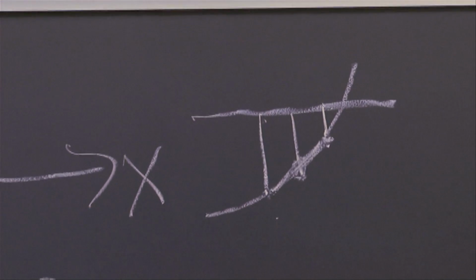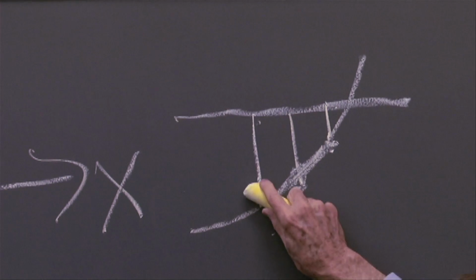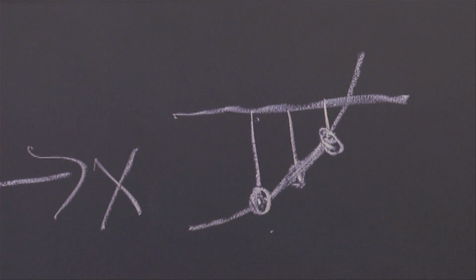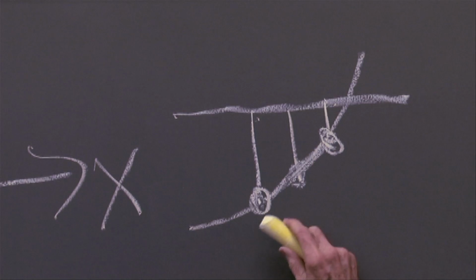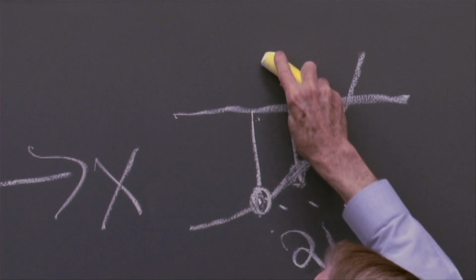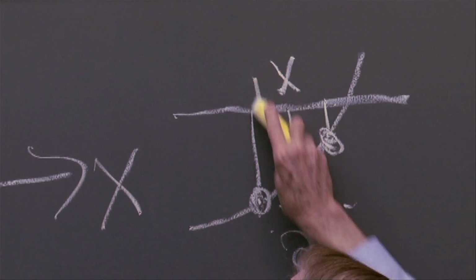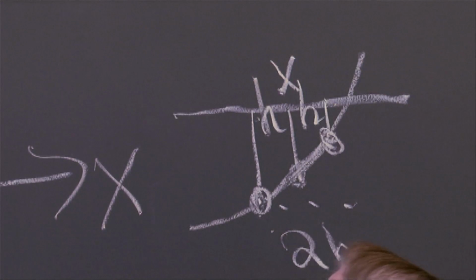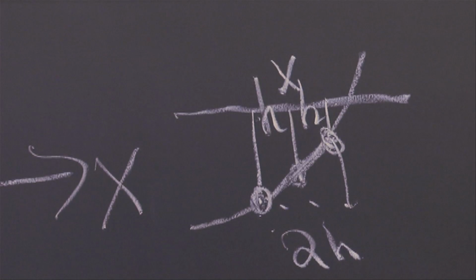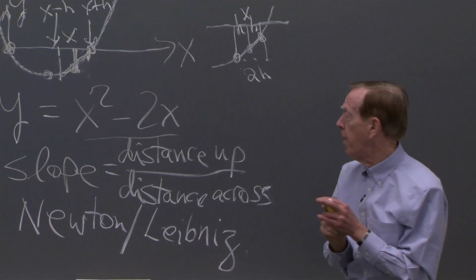Everybody sees that? It goes through those 2 points, and we can find its slope because we know that the distance across is 2h. You remember, this was x, and this distance was an h, and this distance was an h. So the distance across is 2h, and I just want to find what's the distance up there.